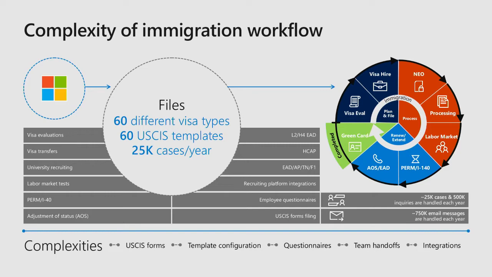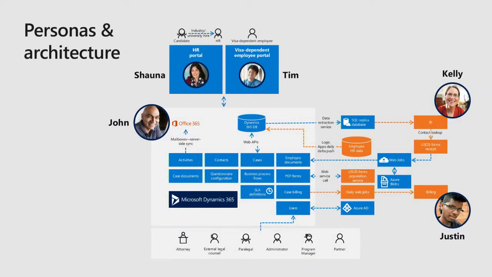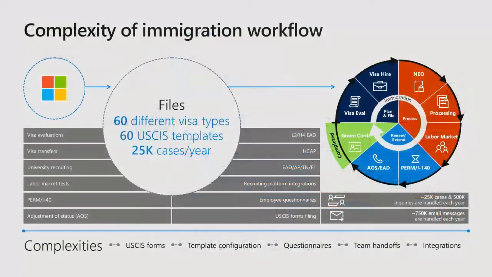And then we are looking at a lot of systems to integrate, which is integrations with your HR and recruiting and the other systems. So the question is, does Dynamics populate the USCIS forms? Dynamics auto-generates the USCIS forms with barcode, but then the filing still is manual because USCIS has not enabled that integration.